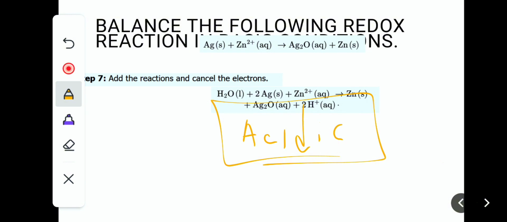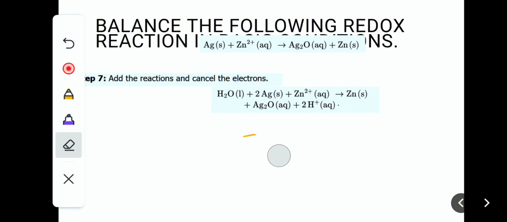Now, a basic solution is one that has a high number of OH. Currently, the equation that we have has a high number of H+, meaning that it's an acidic media, and that's why we balanced in acidic media. But here we want to balance in a basic media, so we must see a presence of high numbers of OH. And how do we see that?